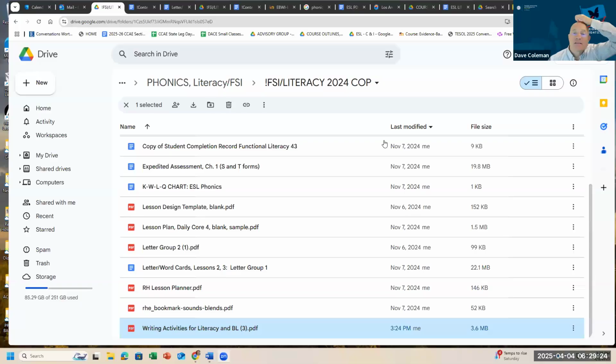And then I'll show you where it's located. So you can tap on it in the chat and save it, or I'll show you where it is and you can come back to it. It is located in this. I sent this in an email to you, that exclamation point FSI Literacy Co-op. It's called Writing Activities for Literacy and Beginning Low.